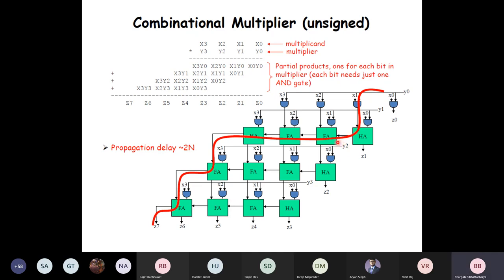And this interconnection among the full adder blocks is self-evident, because from each block there are two outputs, right? So you have to utilize those two outputs accordingly. One goes to the left, one goes down, so that all the signals are collected, finally, to generate the final output here.